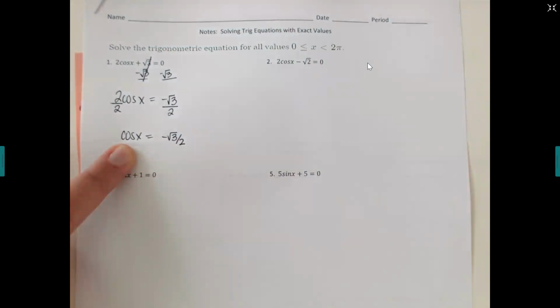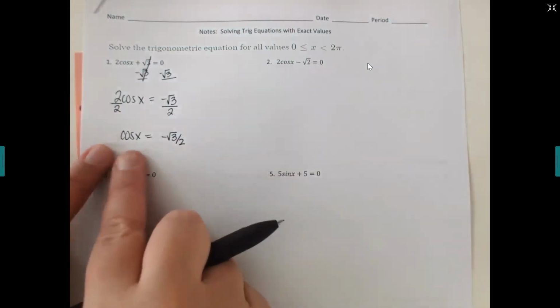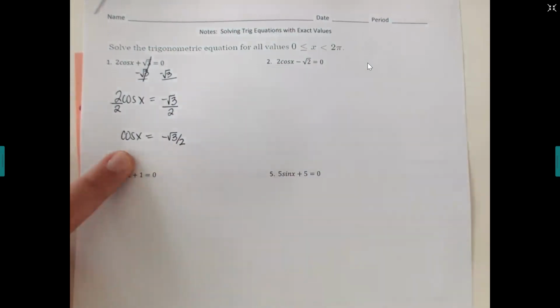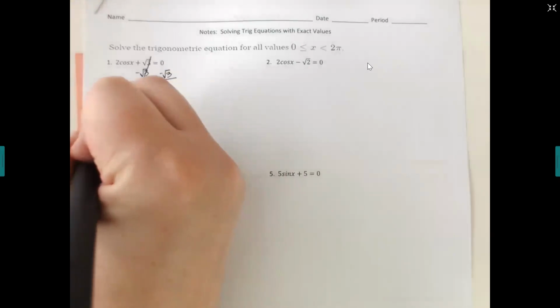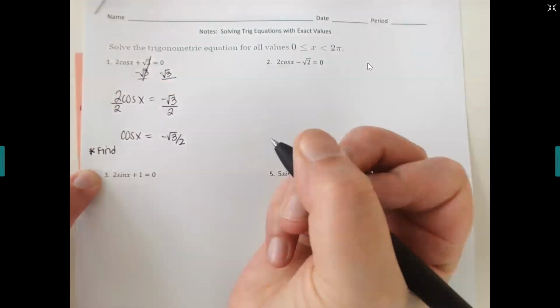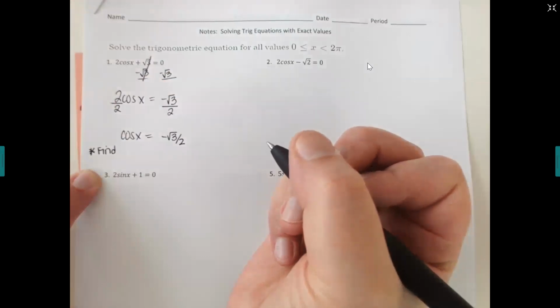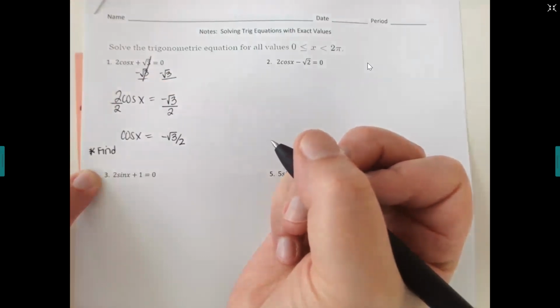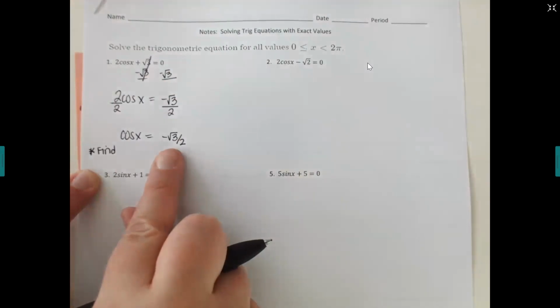So what you're gonna do is look on the circle and find all of the places that your x value is equal to this number. We're gonna write that first, then we're gonna do it. So I want you to put a little star. Negative though, right? The answer won't be negative because it'll be an angle, but the number does have to be negative. I'm talking about when you have to find it on the sheet.